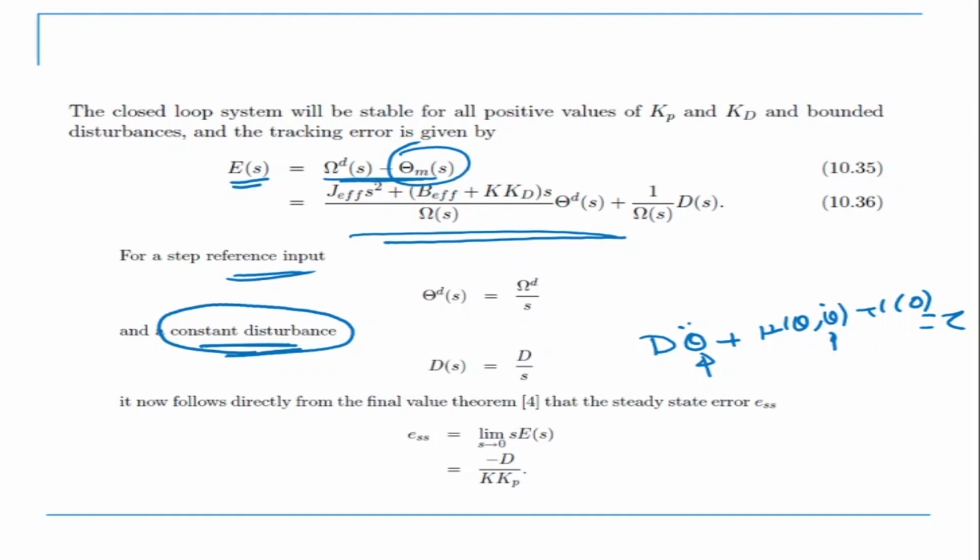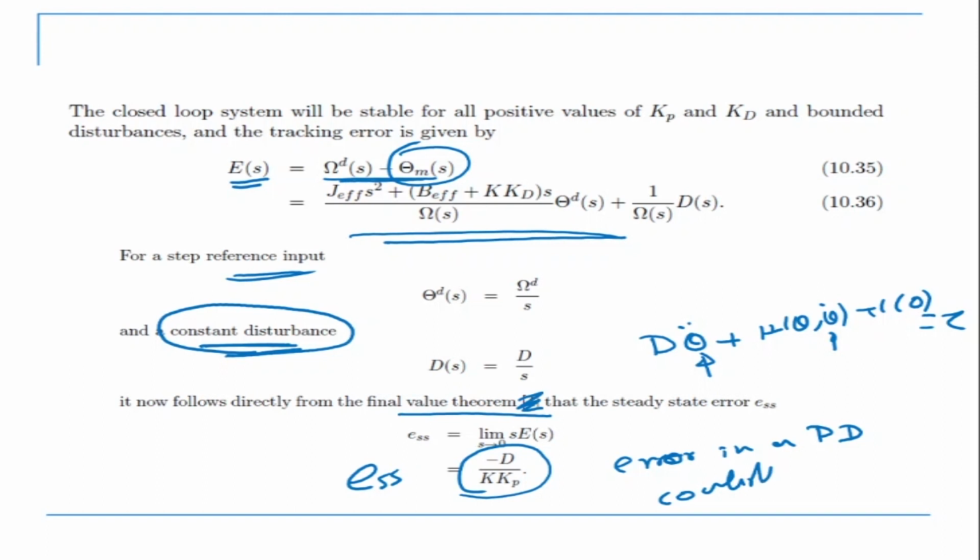Now, using the final value theorem, we can say that the steady state error is equal to the limit of s tending to 0 of s times E(s), and what we get is this equation. So this is my steady state error. This means that the error in a PD controller is never equal to 0. There will be some error.